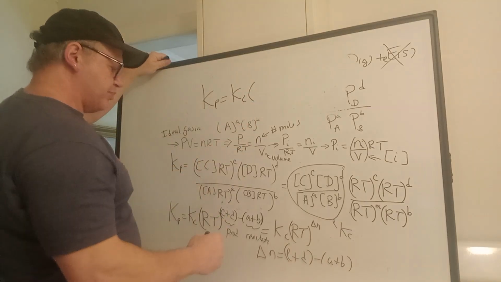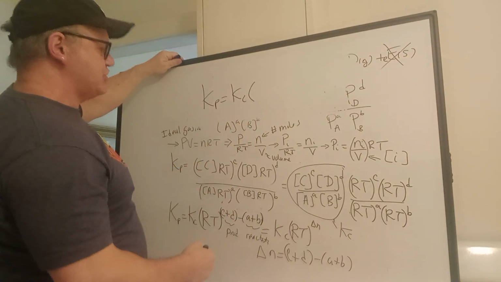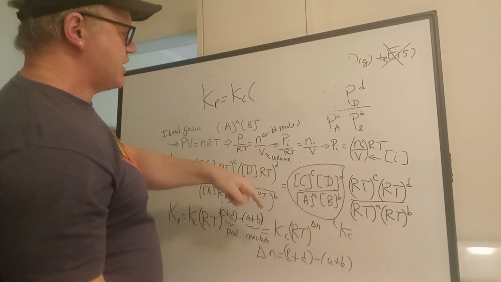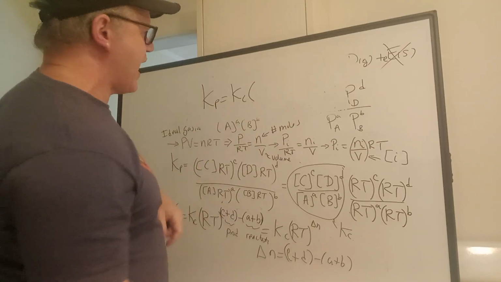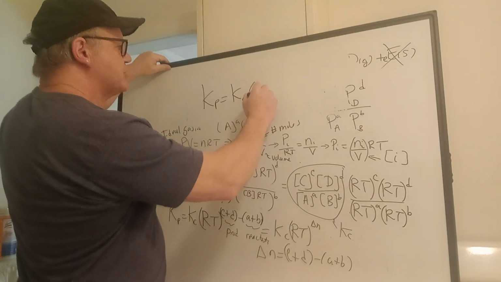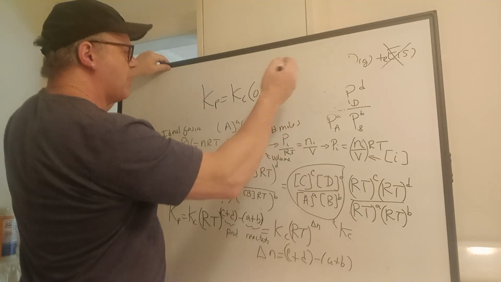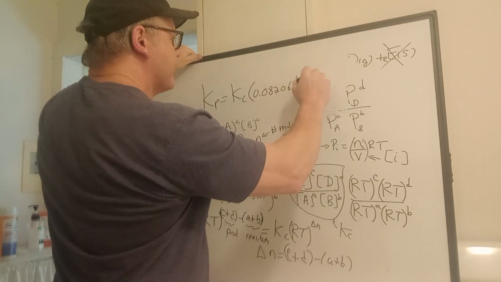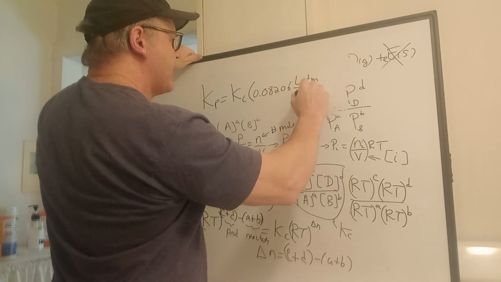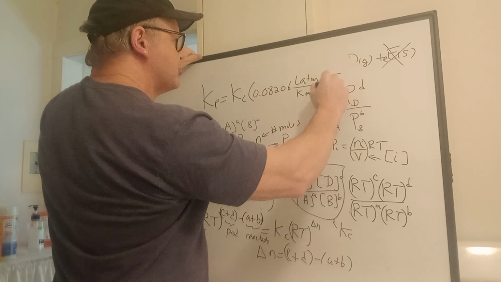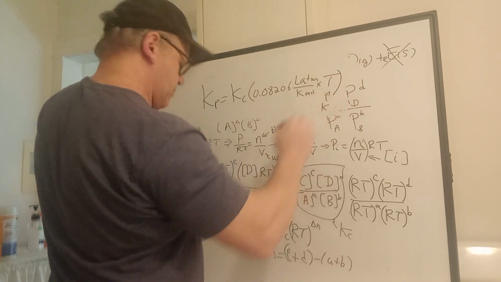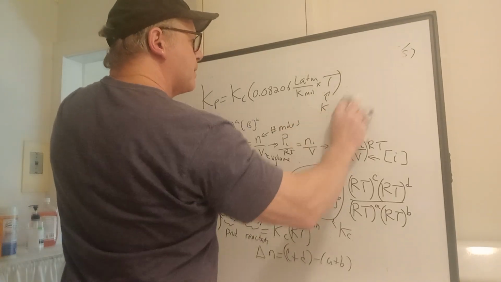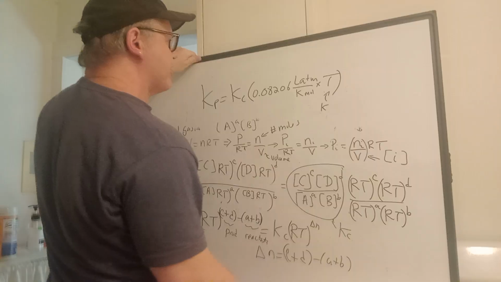And now the R, because we're working in the convention of using concentrations in molarity and partial pressures in atmospheres, we're going to use this R, 0.08206, I'll put it to 4 sig figs, liter atmosphere per K mole, or mole K, however you care to write it, times temperature. The temperature's in Kelvin. So we're using the R in the liter atmosphere system.